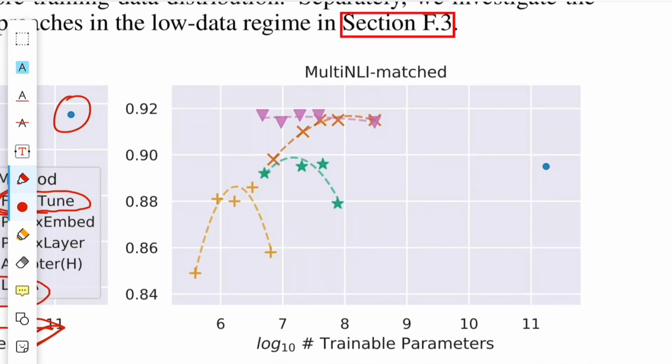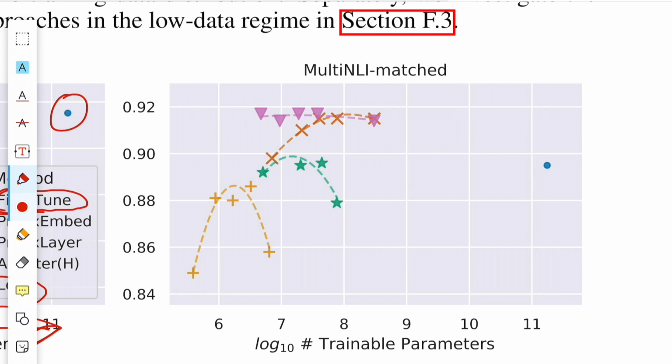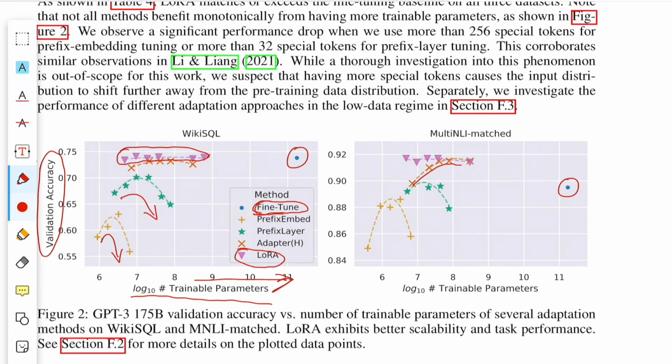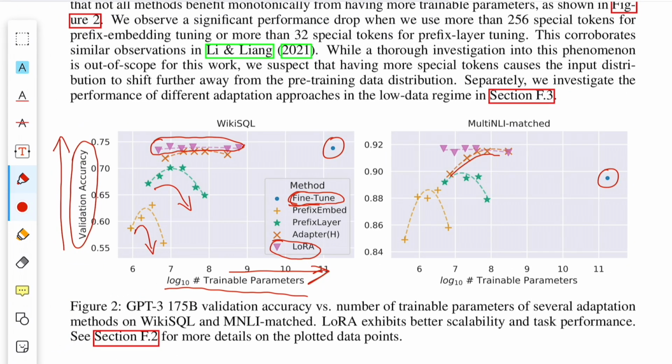The second diagram is a little bit weird, because the accuracy of the fine-tuned method is worse than LoRA. I think the fine-tuned method should be the best one. LoRA is also the best method among the algorithms.